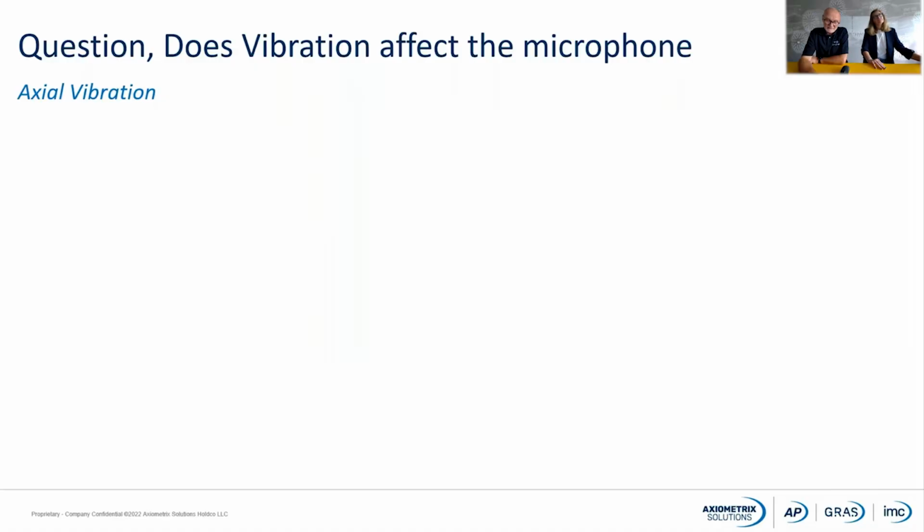Then the question was how to find out what the effect is, and how to separate the vibration part of what the microphone is picking up from the acoustical part. In general, it is actually difficult.